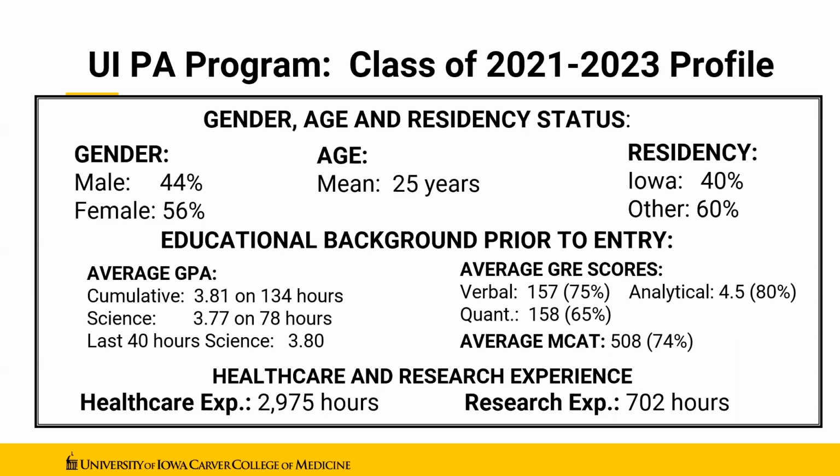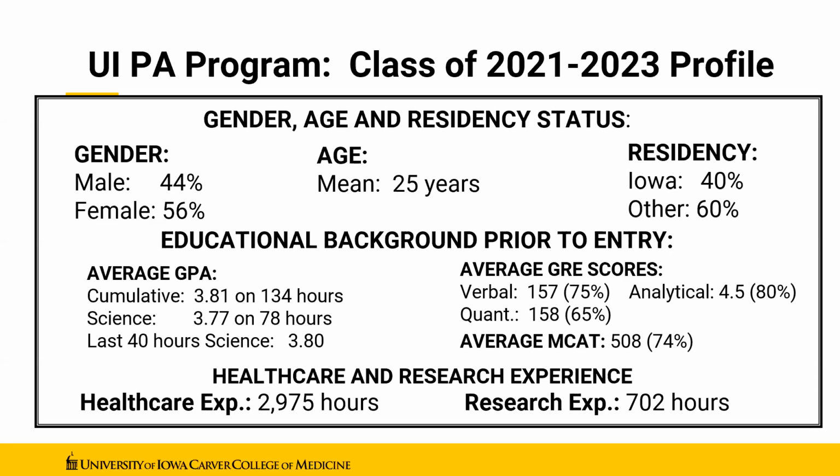PA as a profession is very female dominated. National average is 70% female, 30% male. And so we tend to be a little bit more 60-40, 55-45 when it comes to gender.